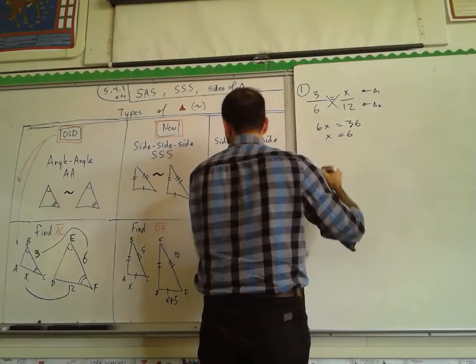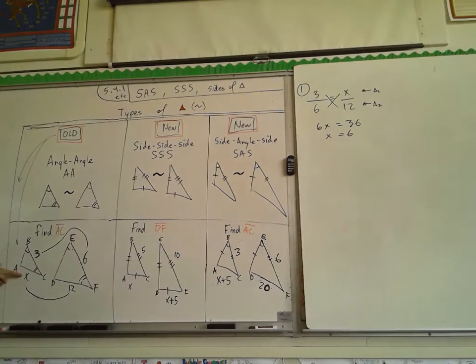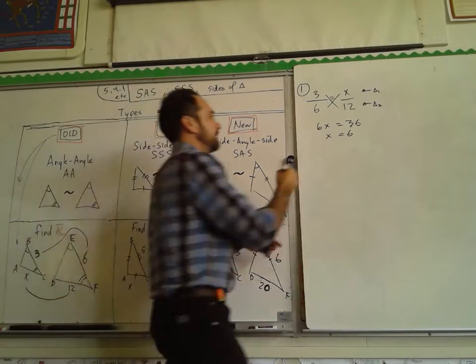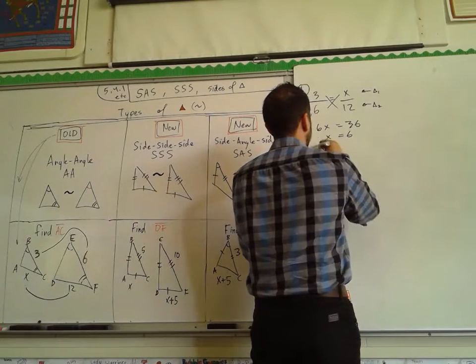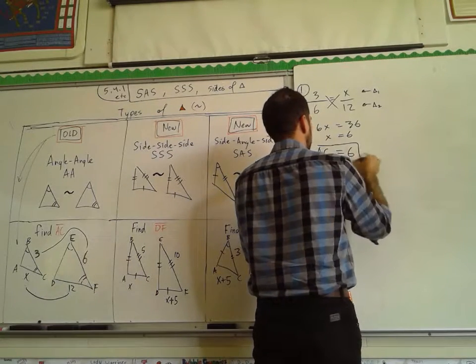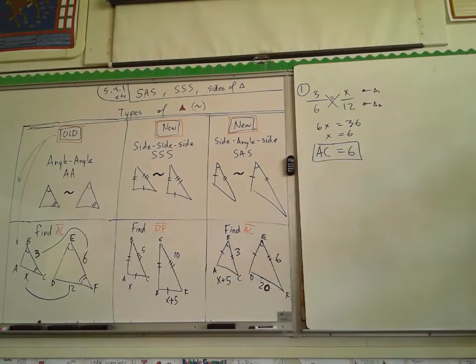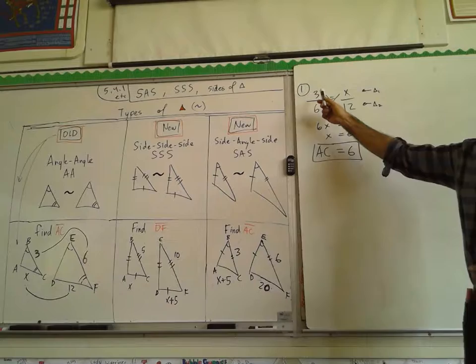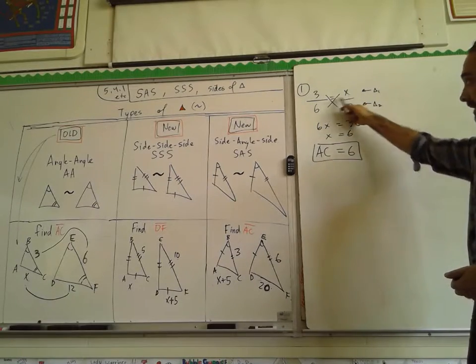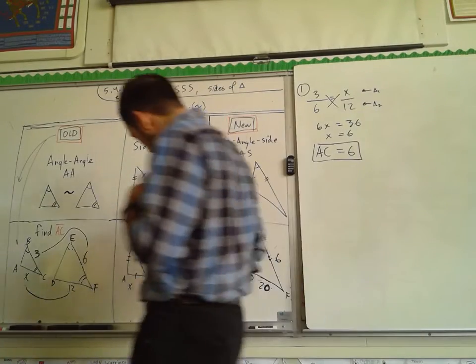And I look here, and we're looking for AC, which is actually identified as x. So I know that my AC is equal to 6. Pretty straightforward. If this made sense, how we set it up, remembering the triangles have to be organized in this way, then the rest of it's pretty straightforward.